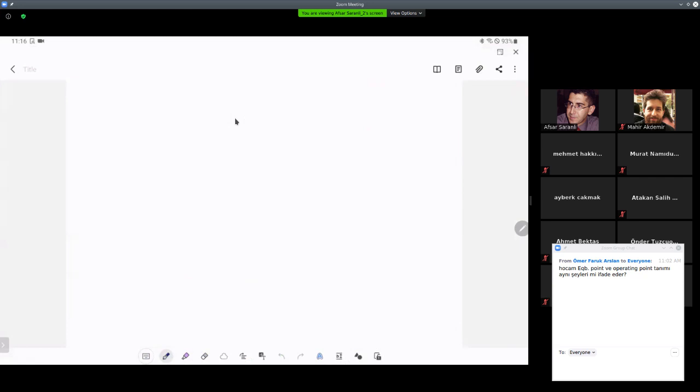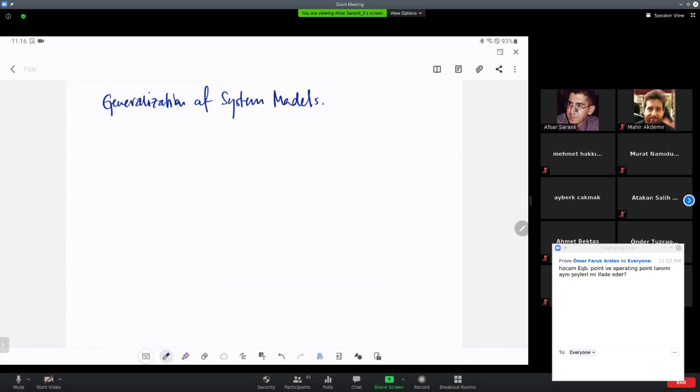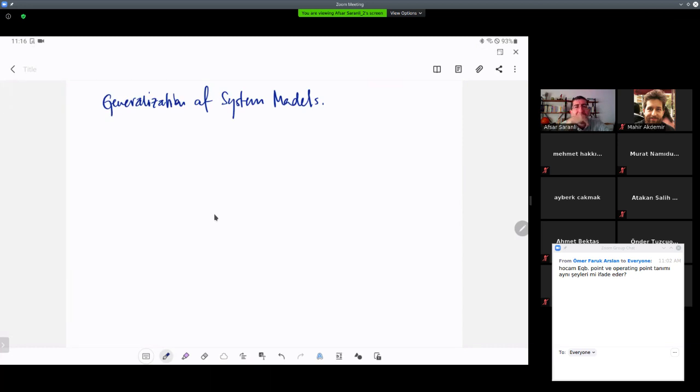Now before diving into this example, I want to very briefly talk about what I call generalization of system models. In 302, we mostly dealt with electrical, mechanical, and electromechanical systems.